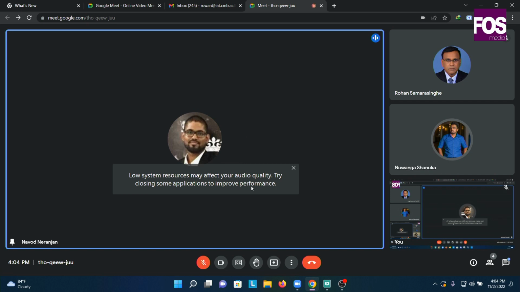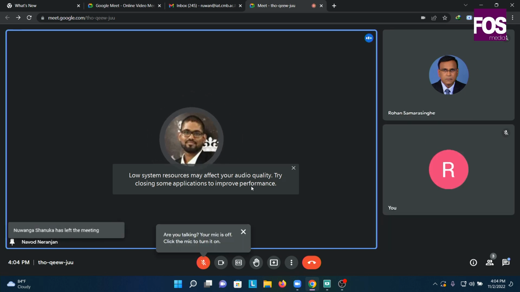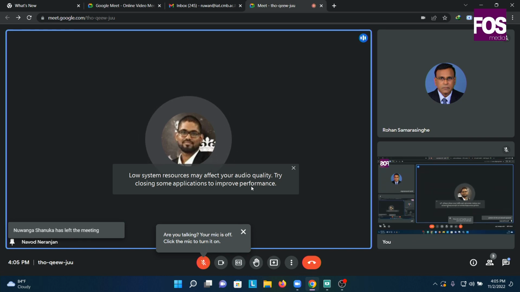That means attacks like computer viruses, malware, ransomware, and then we have the social engineering attacks. With social engineering attacks, the attacker always tries to exploit the vulnerabilities that remain in the human psychology or human mind.